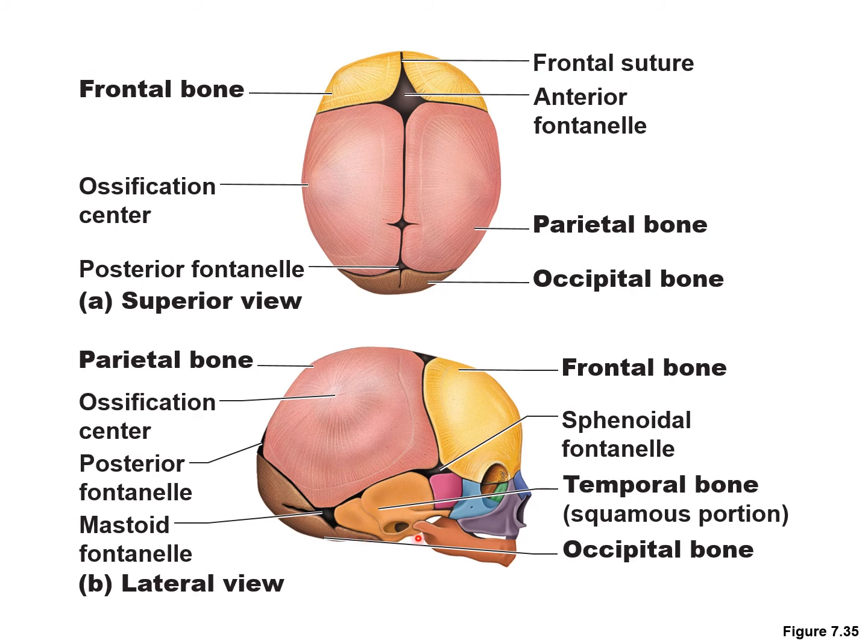And this is a temporal bone, and you know in adults we have a mastoid process over here, right? But here we have a mastoid fontanelle yet, and you can see how the maxilla and mandible have very different shapes compared to the adult skull.